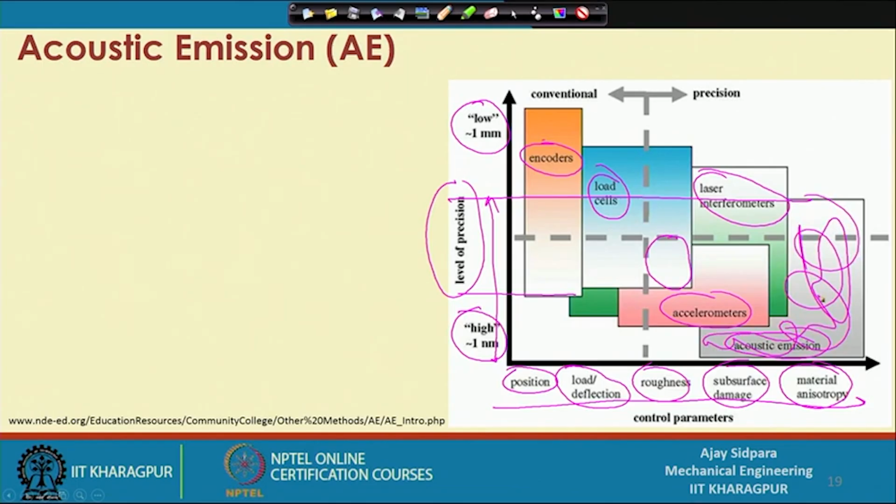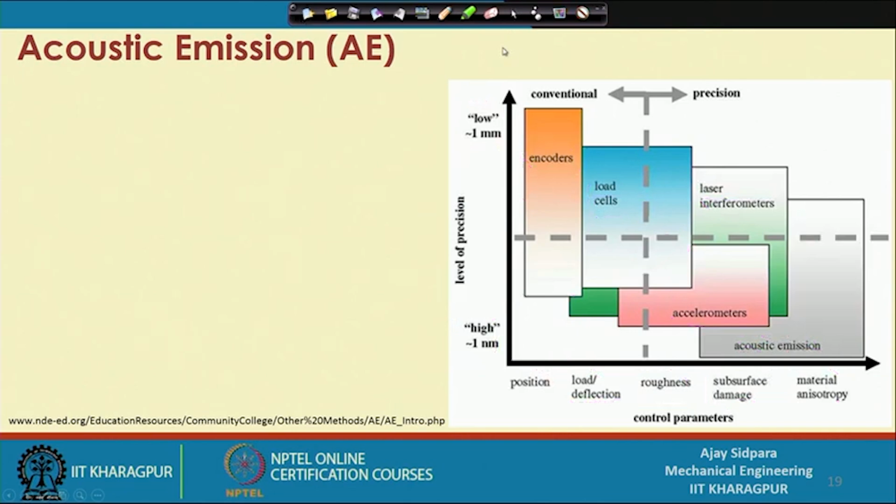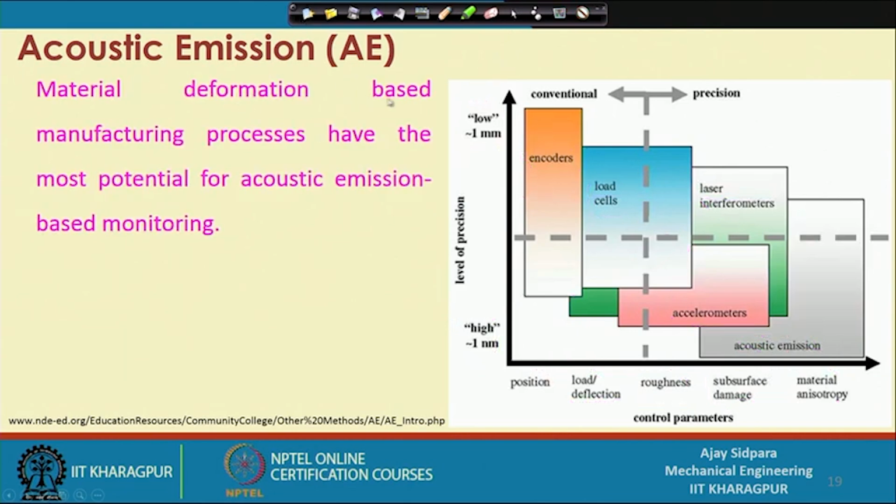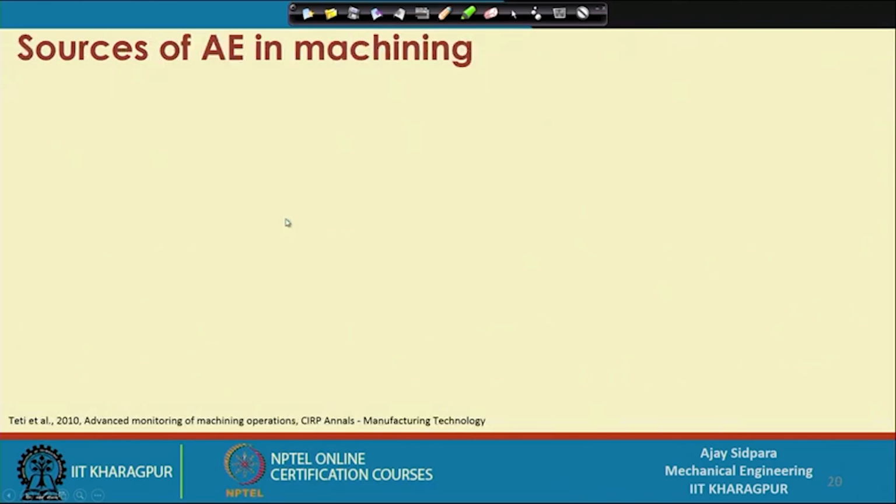That is why acoustic emission has a very strong demand as a more reliable system for measurement at the micro scale. Material deformation based manufacturing processes have the most potential for acoustic emission based monitoring systems.